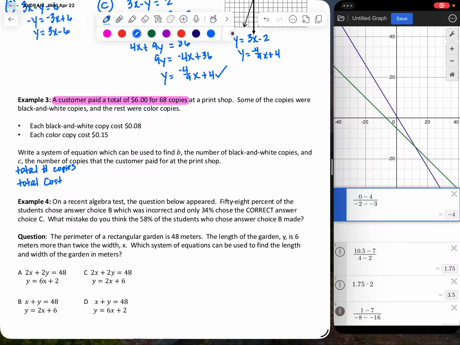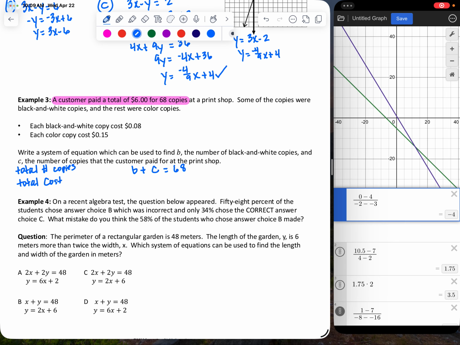So my first equation, the number of black and white, which, oh wait, they did not tell me to use X and Y. They told me to use B for the number of black and white and C for the number of color copies. So the number of black and white copies, B, plus the number of color copies, C, has to add up to 68 total copies.